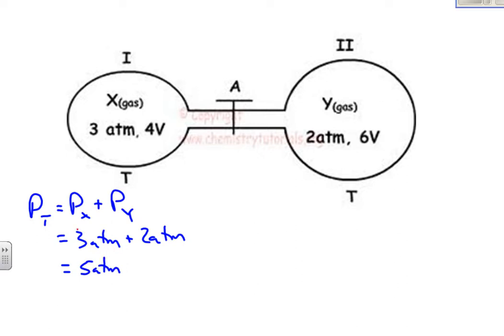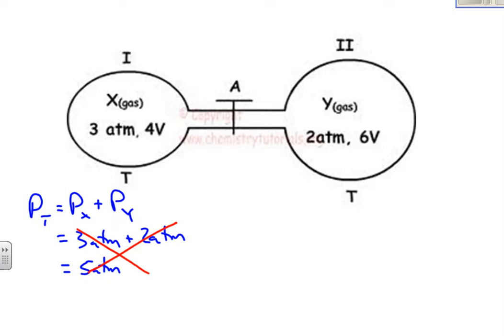And that would be absolutely incorrect. Remember, Dalton's law specifically states that it's the pressure that each gas would exert if it were by itself in that container. Well, when we open up the valve at A, if we imagine that Y is not present, then gas X is going to spread out in both parts of the container.